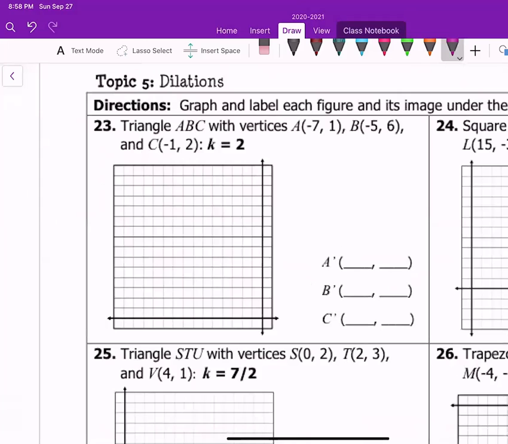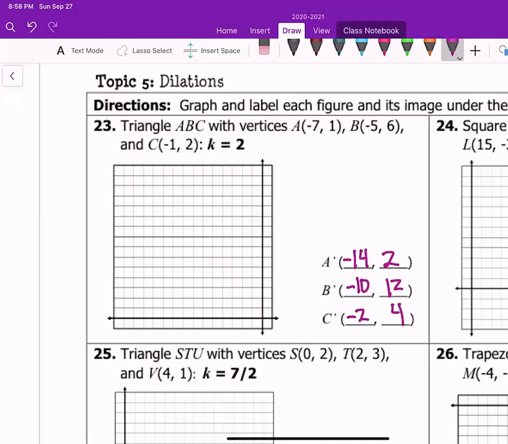So it's going to be -14, right? And then 2, because we're multiplying by 2. Okay. Now B is -5. So -10. And then just 12. And then -2. And then 4.